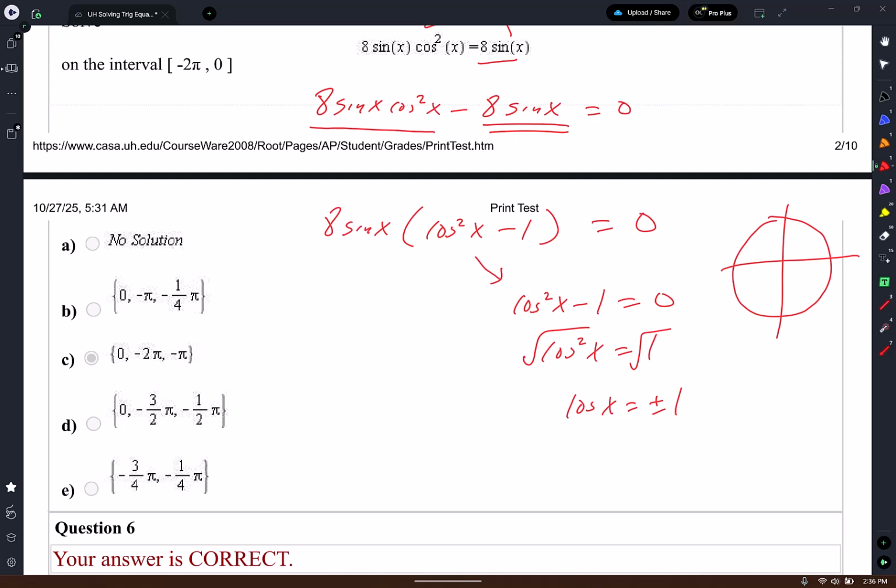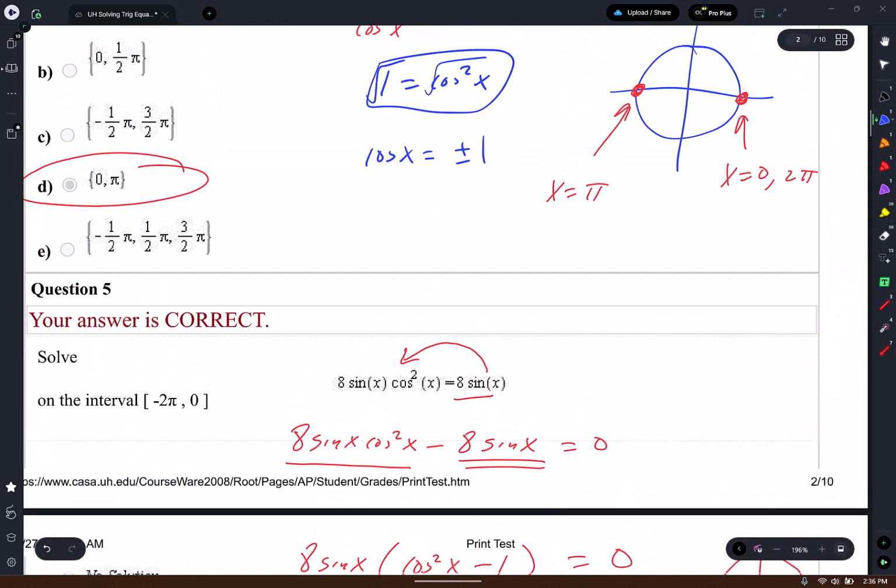What's up? Ask me, Herrera. These are the locations where cosine is 1 or negative 1. They're the same locations that we did a little while ago.